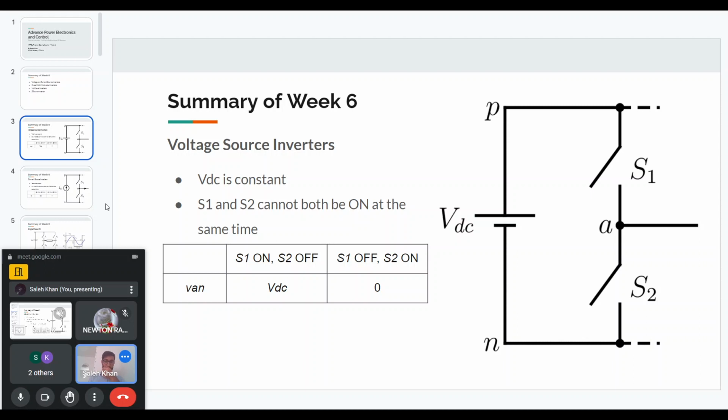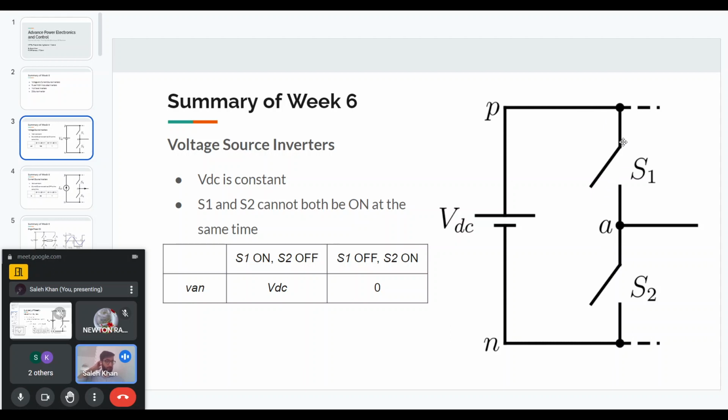Here you can see the basic principle of the voltage source inverter. We will have a DC voltage source which provides a constant DC voltage, and then usually multiple half bridge legs.